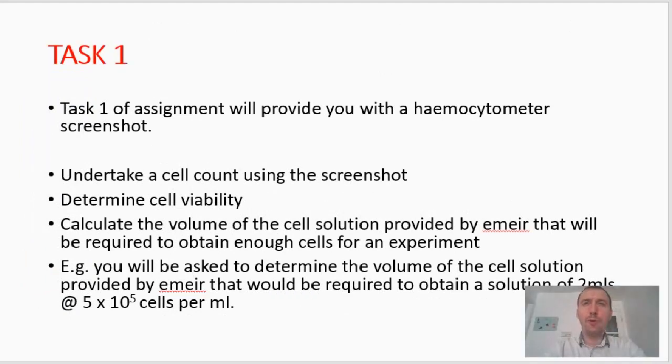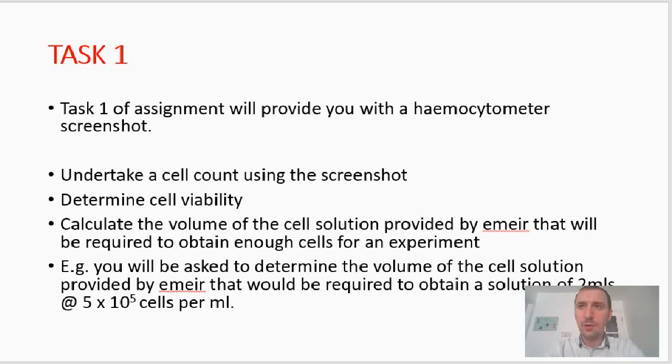So in terms of what you're being asked to do in relation to task 1 for assignment 2, task 1 of the assignment will provide you with a hemacytometer screenshot. And we're asking you to use that screenshot to undertake a cell count.